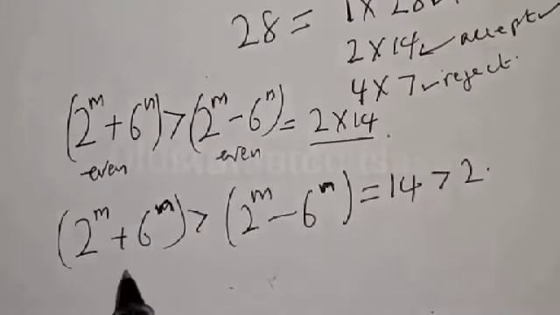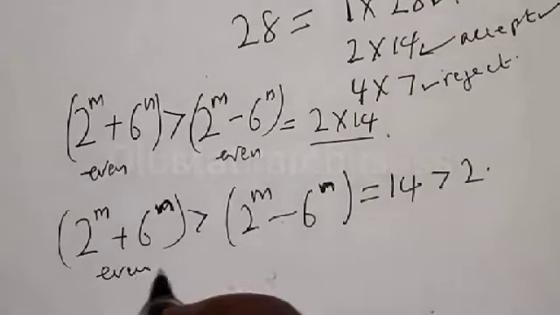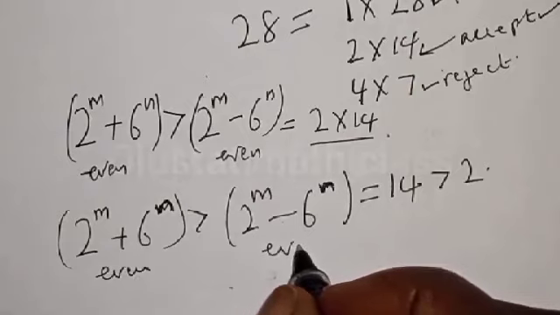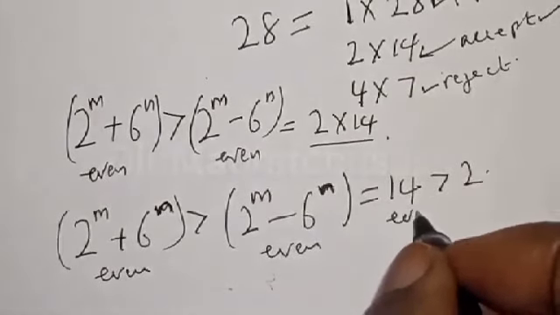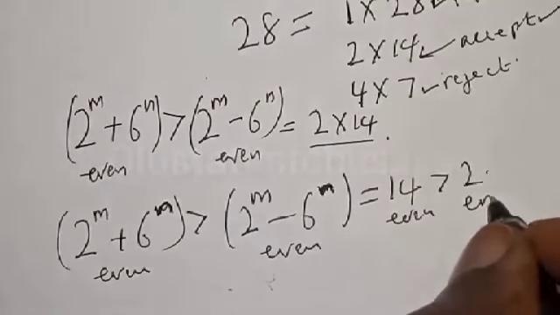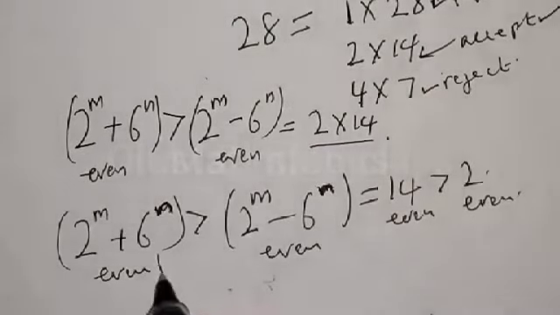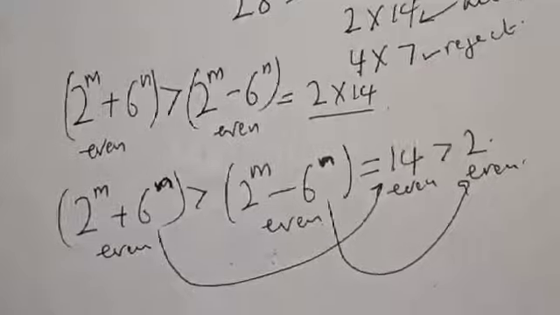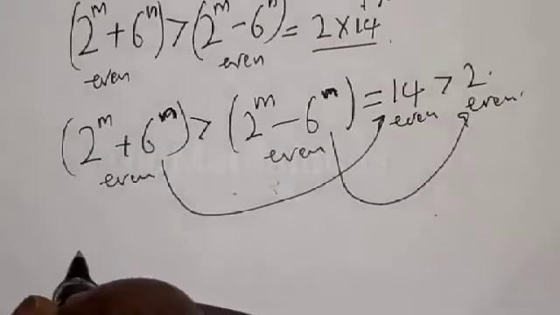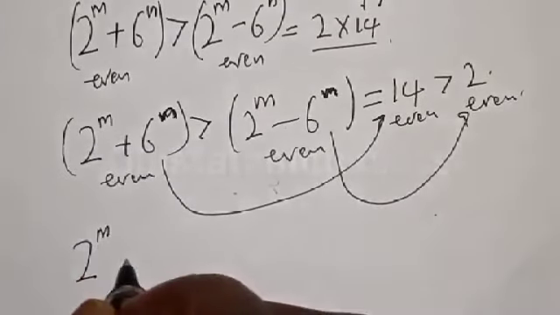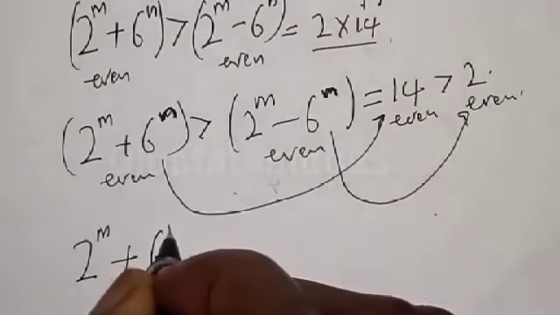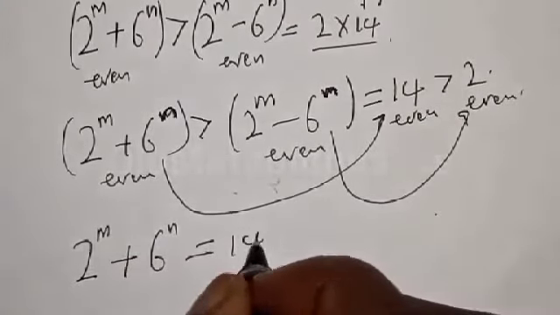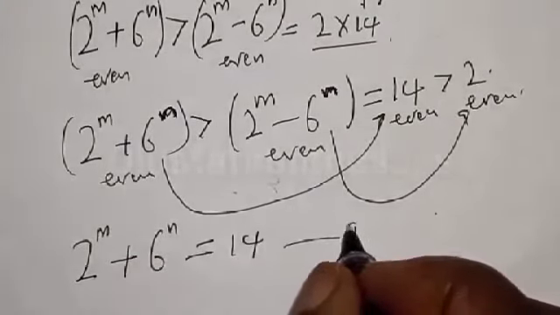Now, in this case, since this one is even, this one is even, this one is even, and this one is even, this one will go for this, and this will go for this. We have 2 raised to the power m plus 6 raised to the power n is equal to 14. Let's call this equation 1.